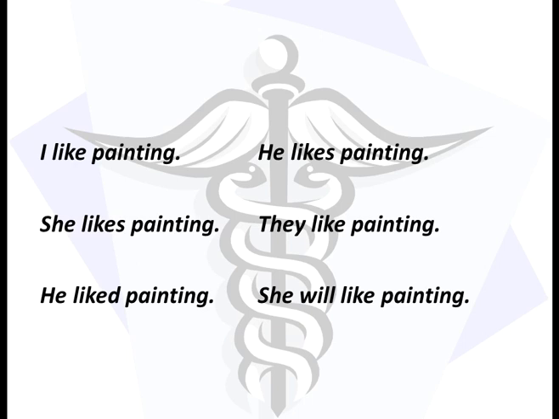The number of people doing the action, he, she or they, that is singular or plural. The verb painting does not change according to the person or pronoun, I, you, she, that is first, second or third person. Such verbs are called non-finite verbs. The verb like changes because it is a finite verb.